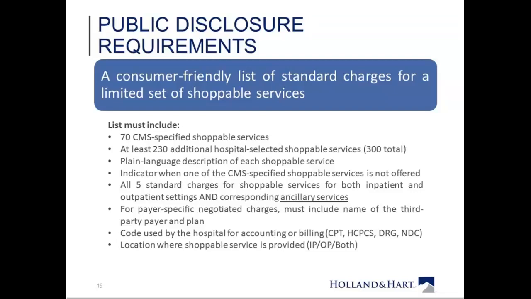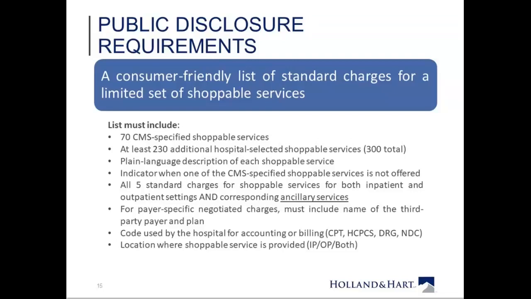For payer-specific negotiated charges, it must include the name of the third-party payer and plan. It has to include the code that the hospital uses when billing, and also the location where the shoppable service is provided, so whether it's inpatient, outpatient, or both.